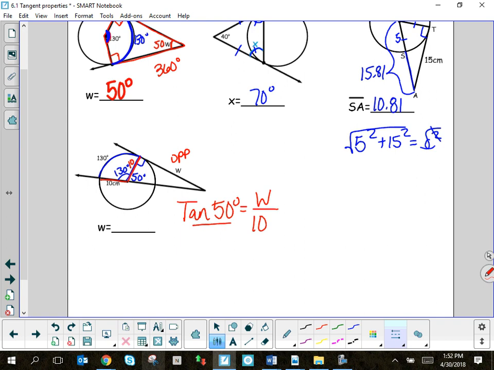Cross multiply if you forget what to do. W times 1 is W, and then 10 times tangent of 50 degrees is what W is.